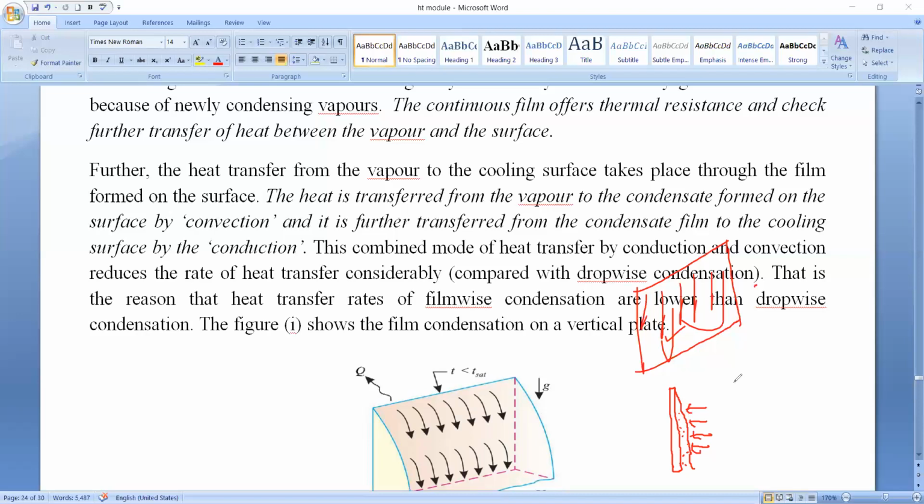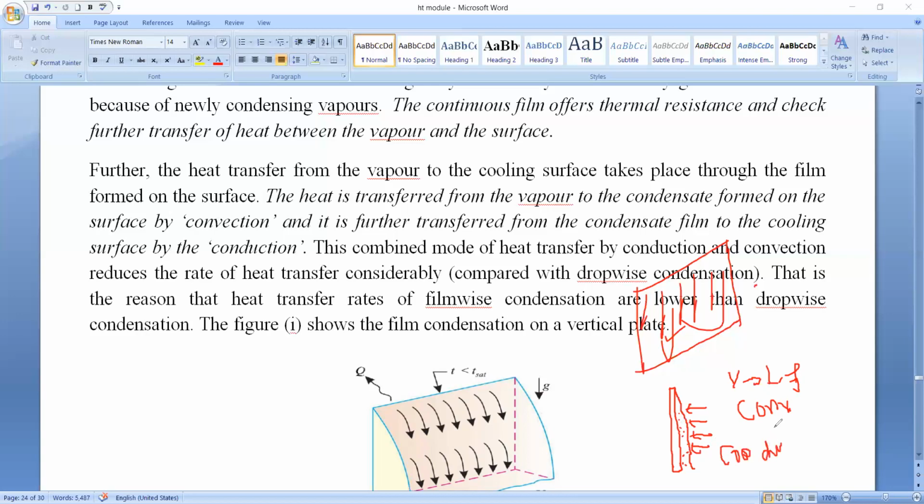So first, from vapor to the liquid film is by means of convection, and from the outer surface of the liquid film to the inner surface of the liquid film is by means of conduction.